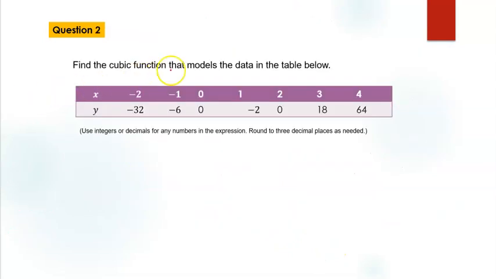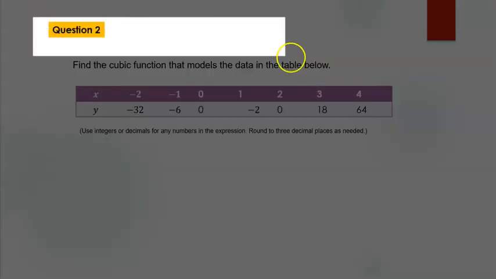Question 2. Find the cubic function that models the data in the table. We can straight away use the TI-84 to answer this particular question very comfortably, and it will give us the required answer as needed. Very easy.